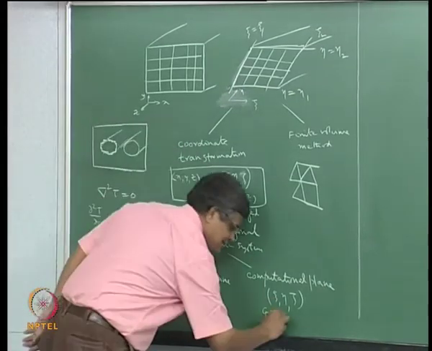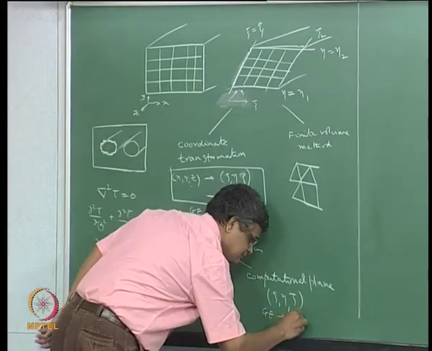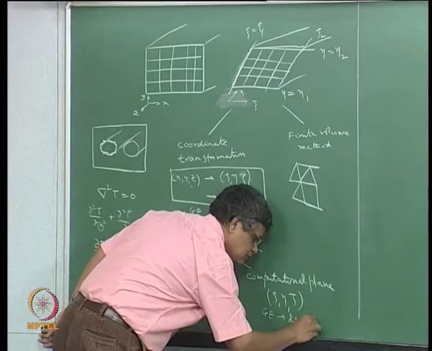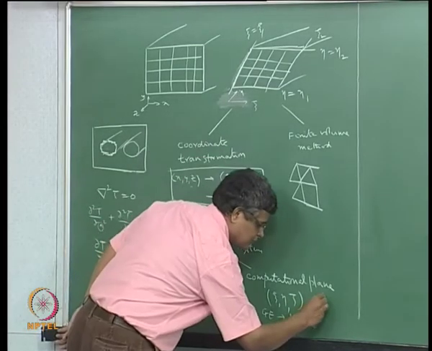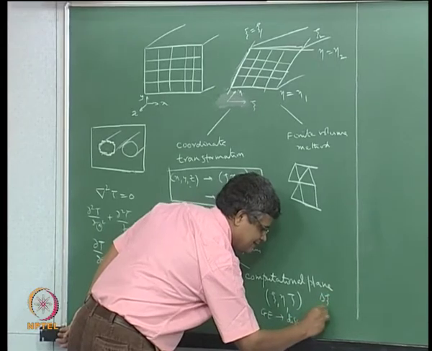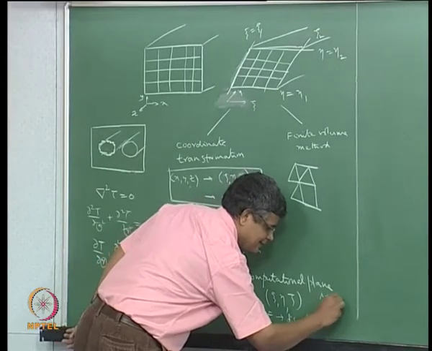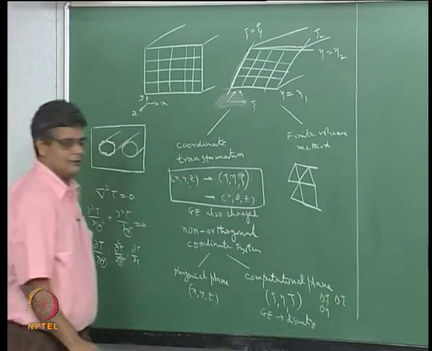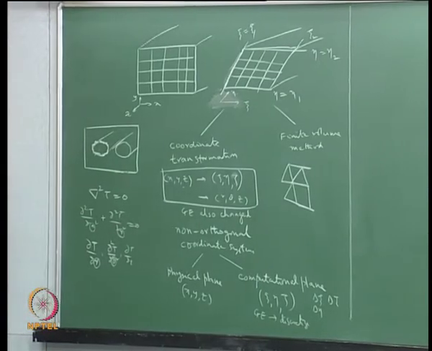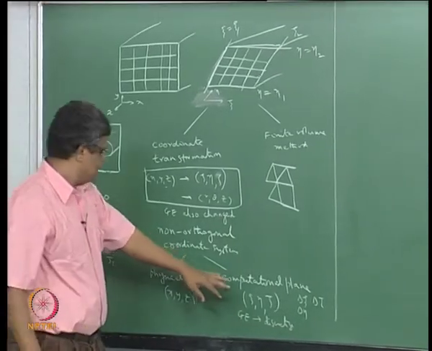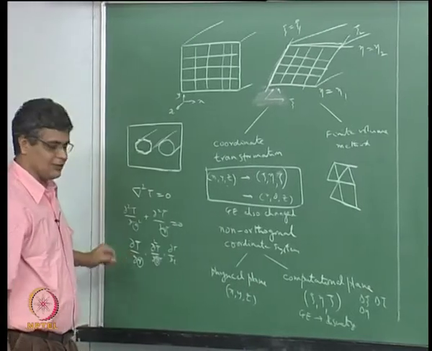We discretize these, so we are talking about delta psi, delta eta and delta zeta being used to express these things.